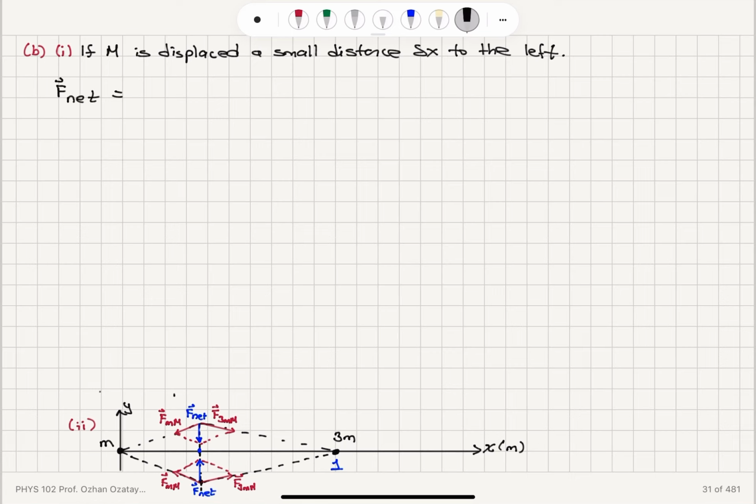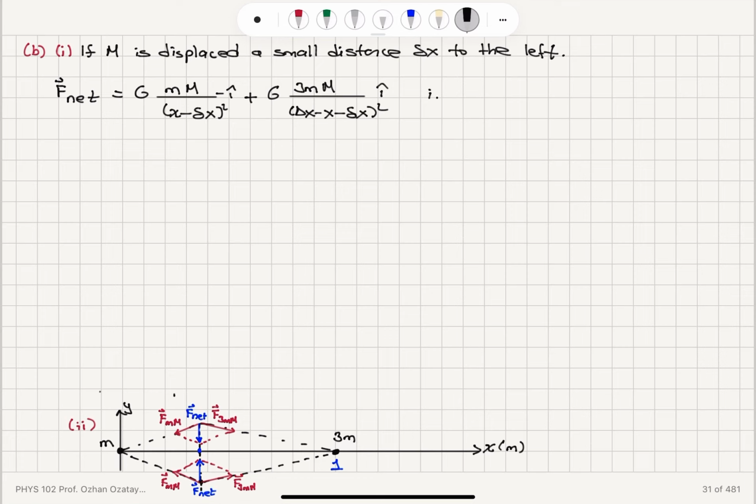It will now be G M capital M. Now the distance between them has decreased, x minus delta x squared, in minus i hat direction, plus G 3M capital M. Now it was delta x minus x, now it is delta x minus x plus delta x squared, in plus i hat direction.